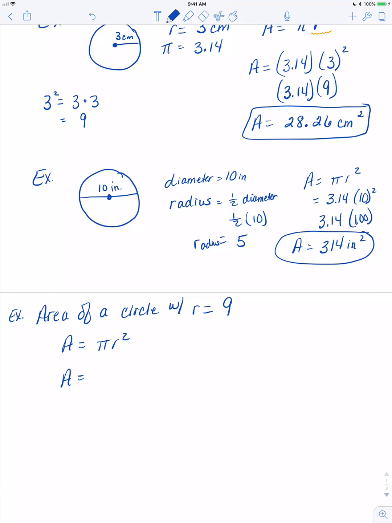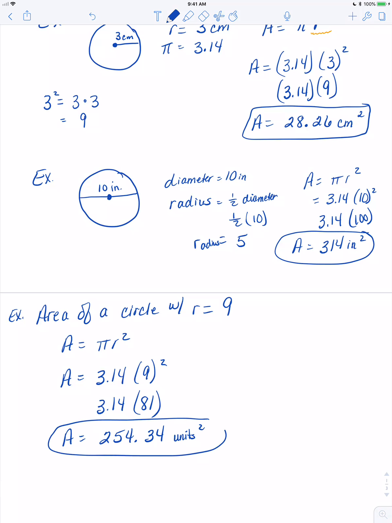So 3.14 times 9 squared. 9 squared is 81, 9 times 9. And then 81 times 3.14 gives us an area of that circle of 254.34 units squared. Whatever that was, we don't know, so let's just put units squared. Okay, and that's how you find the area of a circle.